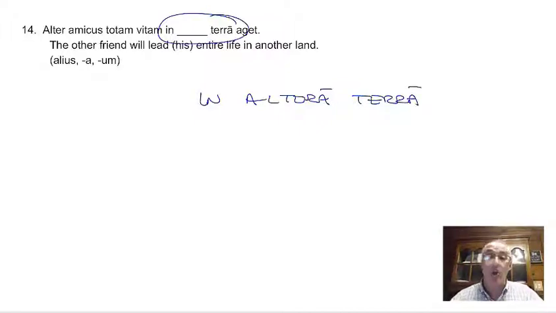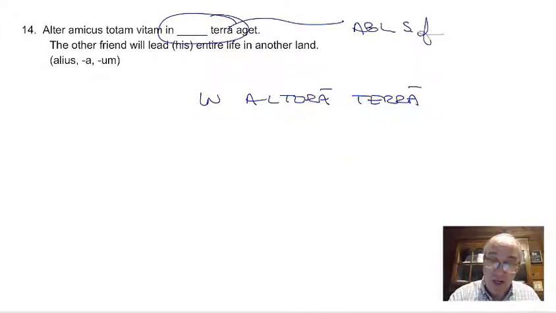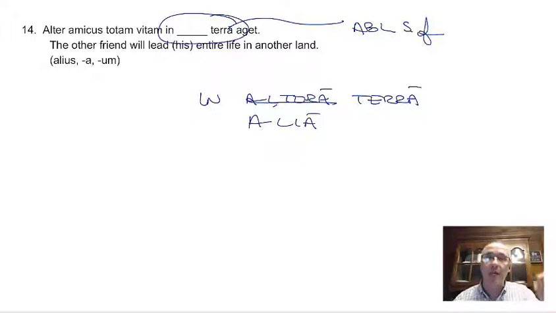Because I know that this terra is the ablative singular feminine, and the weird business of these endings only takes place in the genitive and dative singular. In the rest of the forms, in the ablative form, as in this sentence, it's completely regular, so I was quite confident in just spitting out alia terra.